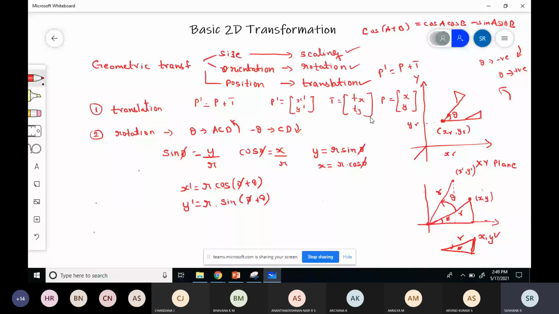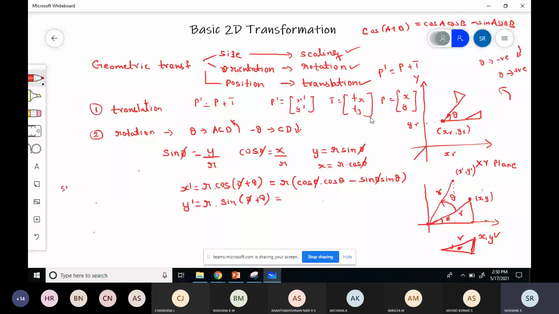I will write that. R into cos A cos B means cos phi cos theta minus sin A sin B. For sin also one formula is there.